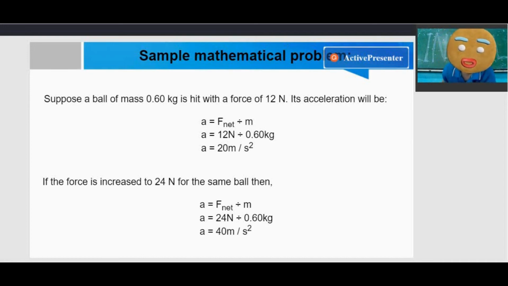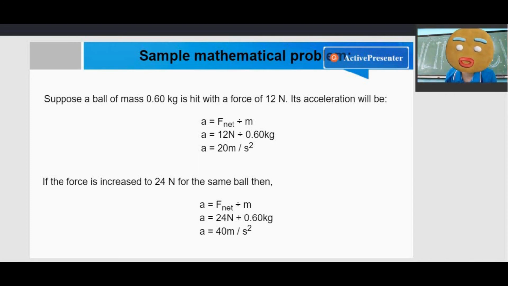Okay, so how about if we're going to look for force? So the equation is F is equal to mass times acceleration.